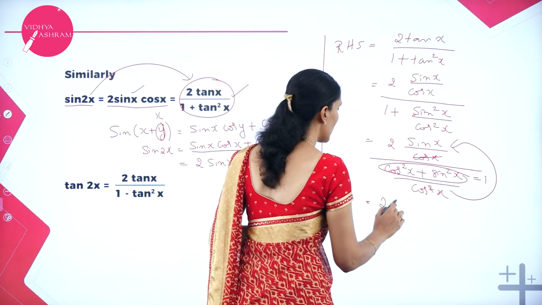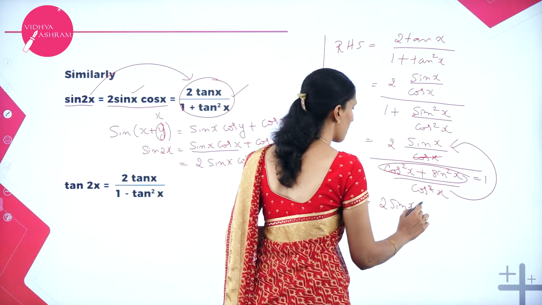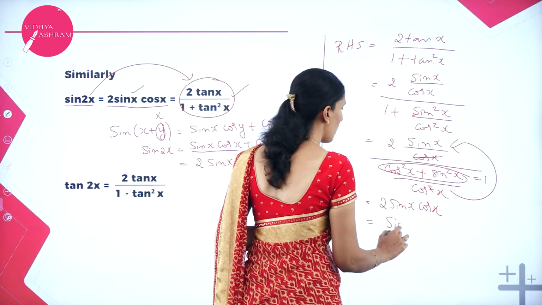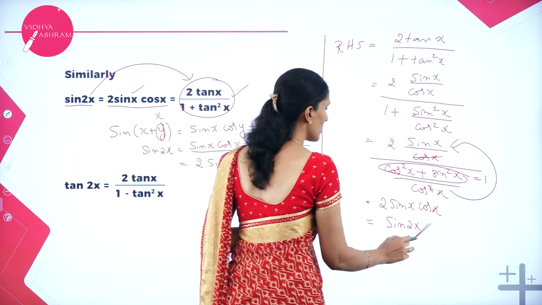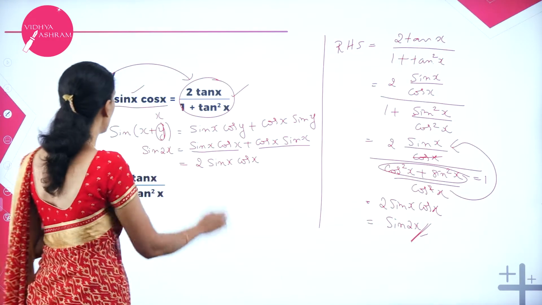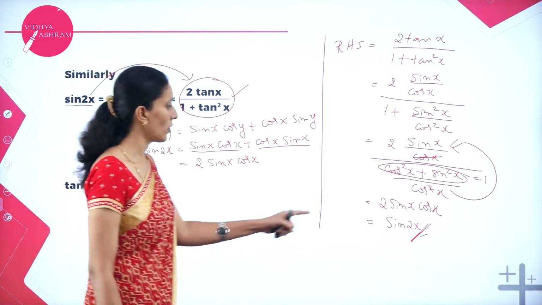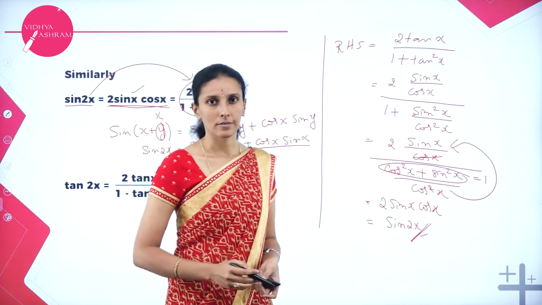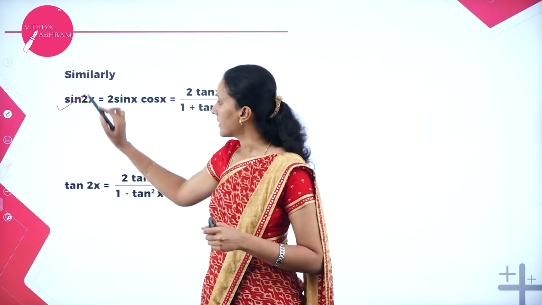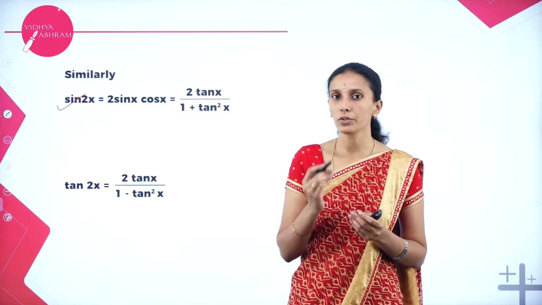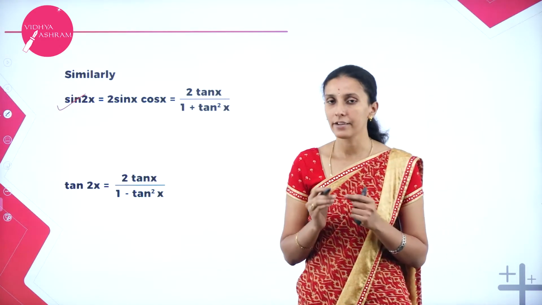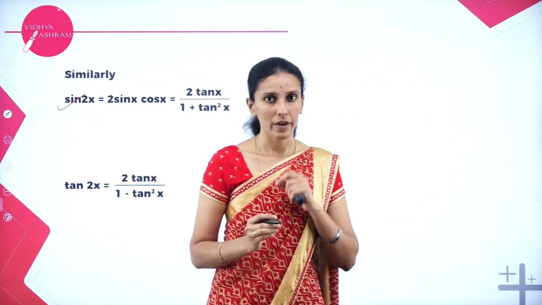So what happens? This is 2 sin x cos x, which is your sin 2x formula, isn't it? What is the formula for sin 2x? It is 2 sin x cos x. So, if you got 2 sin x cos x, replace with sin 2x. Now, we have proved that sin 2x is equal to 2 sin x cos x, and also equal to 2 tan x divided by 1 plus tan square x.